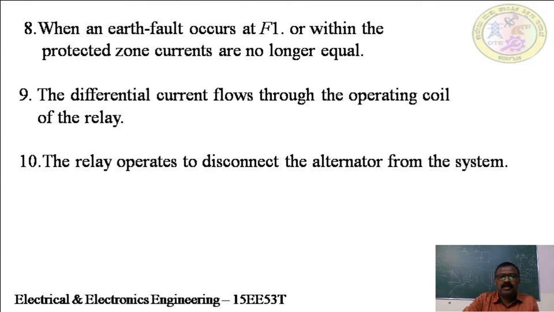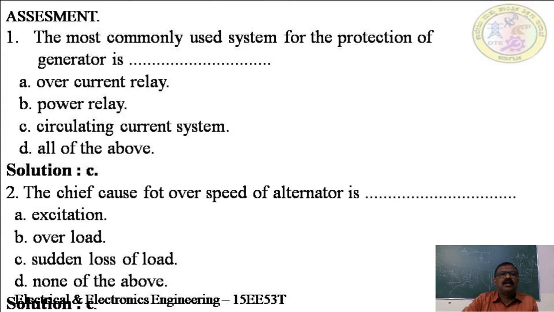So when an earth fault or phase-to-phase fault occurs, the relay operating coil will get energized and trip the circuit breaker. So next we will see the assessment for this session.